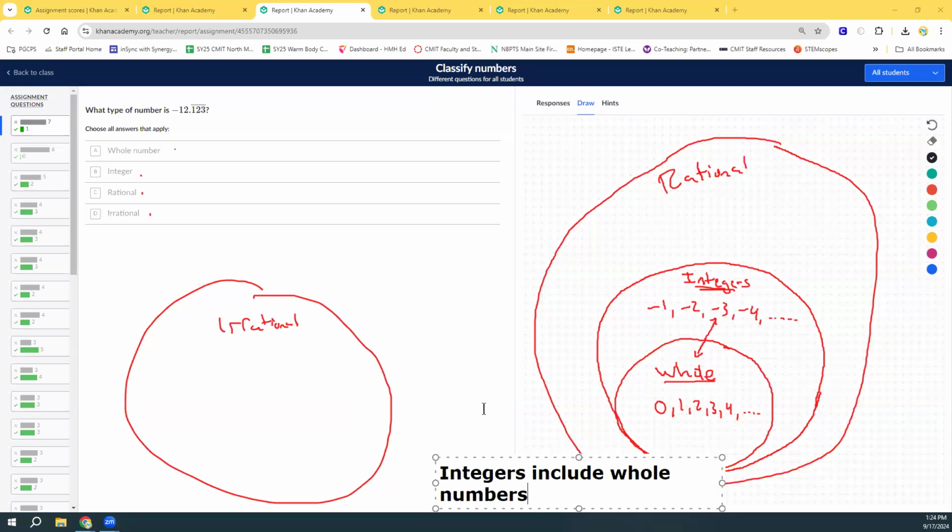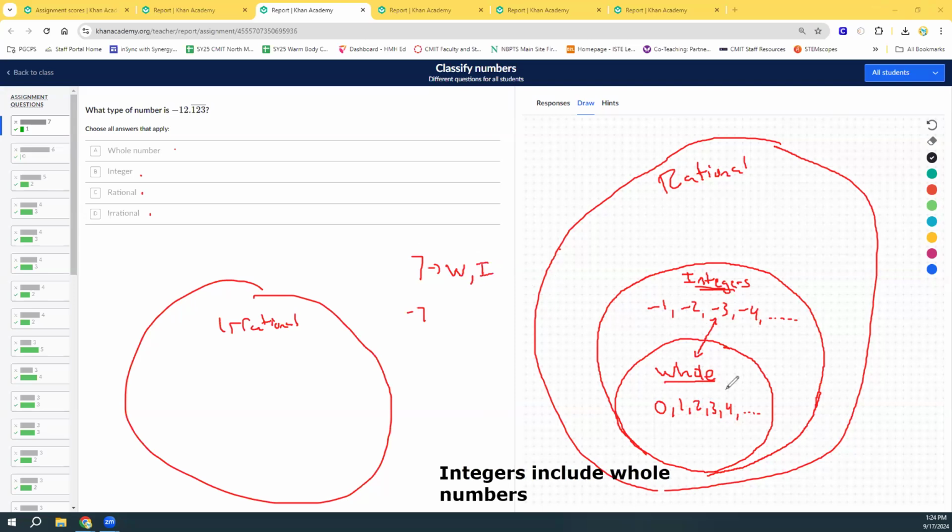So if I get a number, let's do two examples. I get the number 7 and the -7, okay? 7 is a whole number. But it is also an integer.